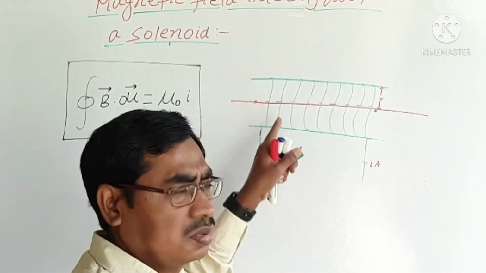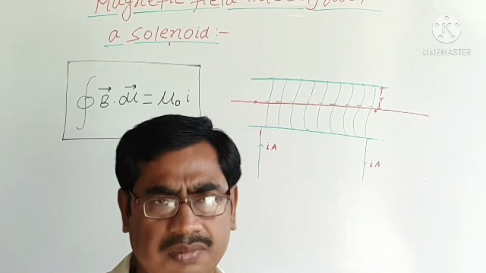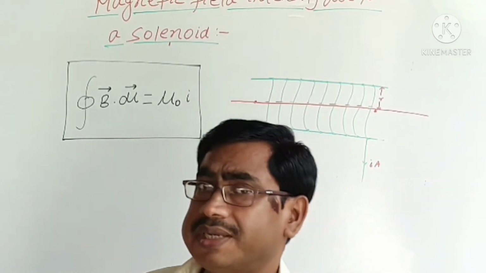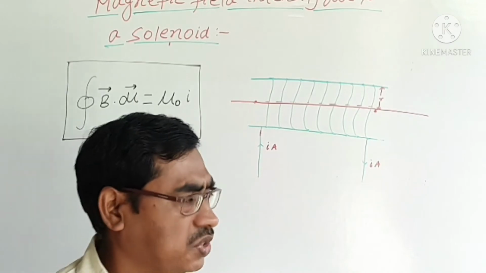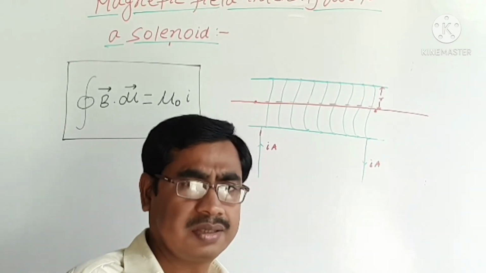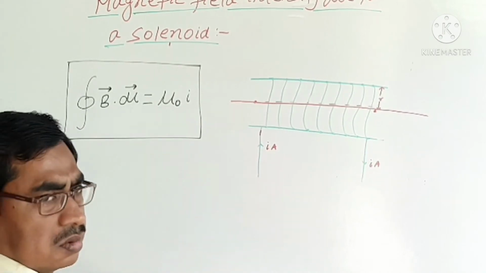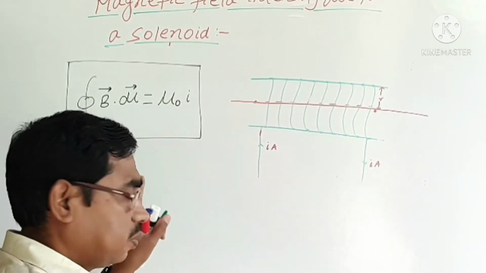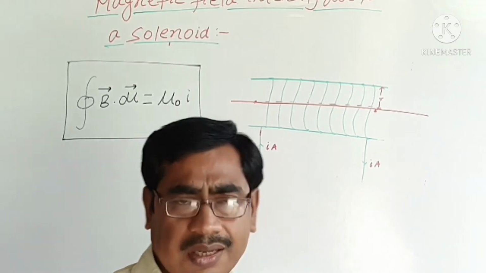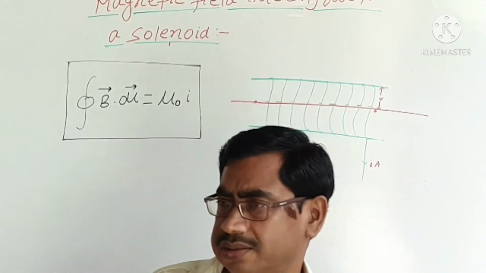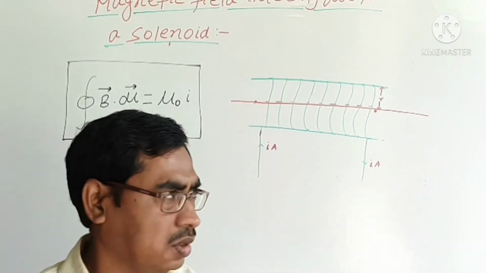This Ampere loop may be any shape, but for convenience, to derive our expression easily, we consider the theta between the magnetic field intensity and the dl vector to be symmetrical.